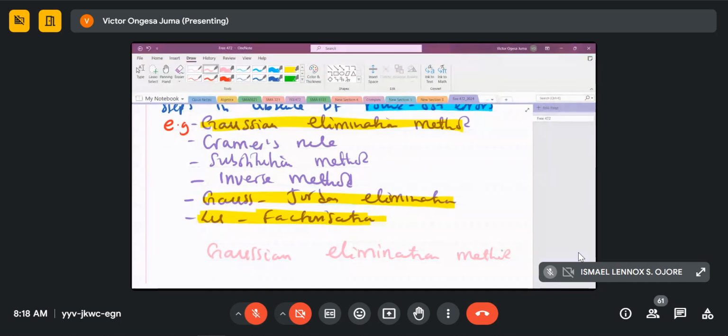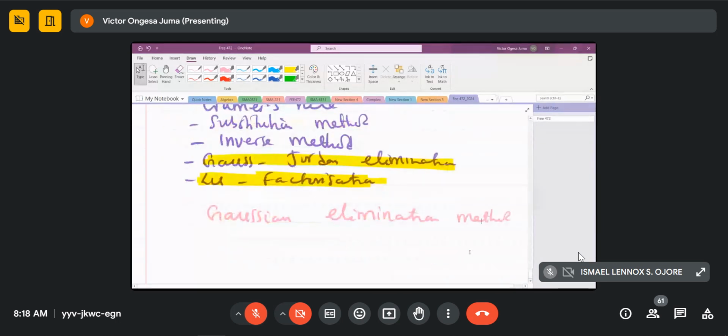We do this by first noting what is called an equivalent system. If you have systems of two equations, what are equivalent systems? Equivalent systems are those systems which have the same solution.